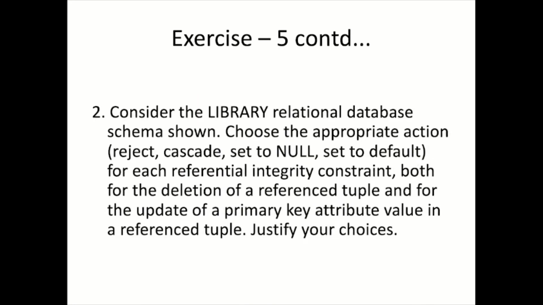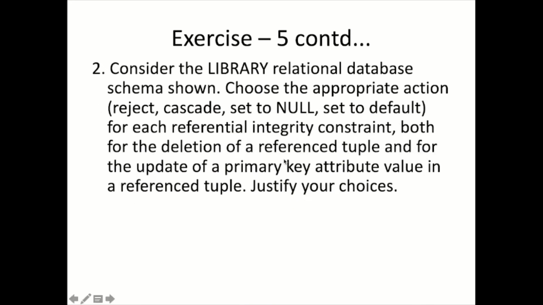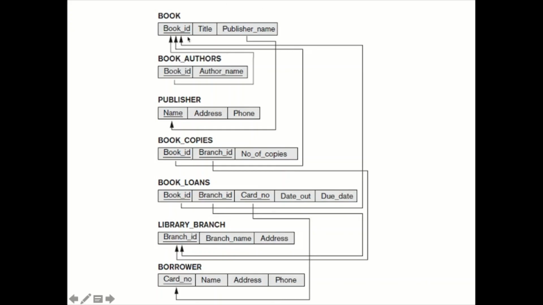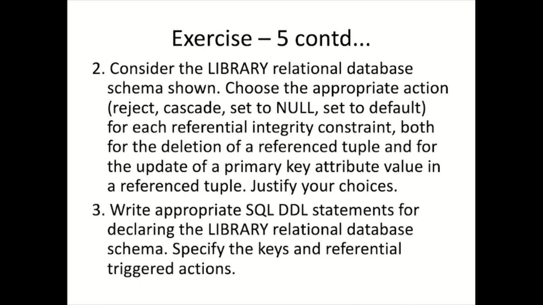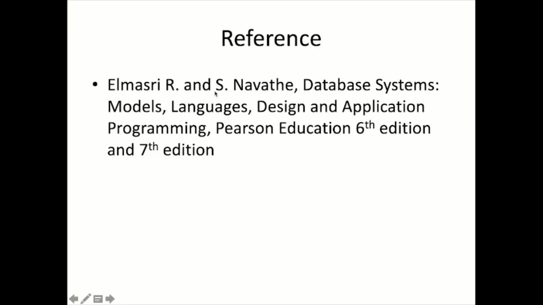Whatever you have learned, you have to apply to these two databases, and you can submit it in the classroom. Then write appropriate SQL DDL commands for declaring the library relational database, and specify the keys and referential triggered actions also for this library database. Okay, so this is a reference. Thank you.